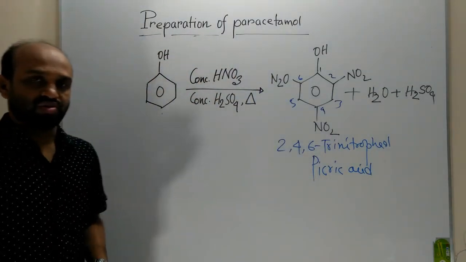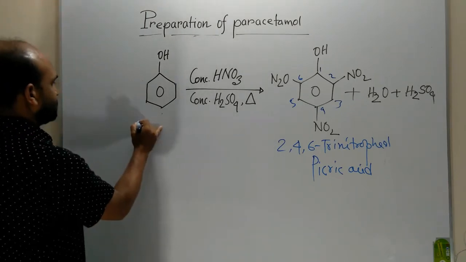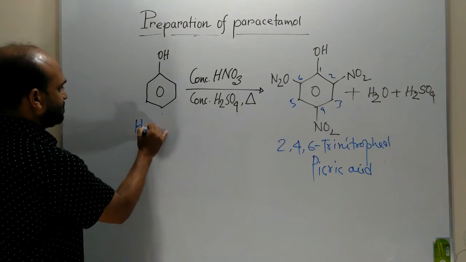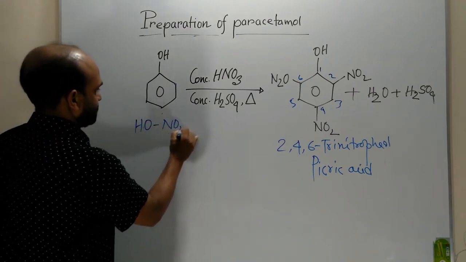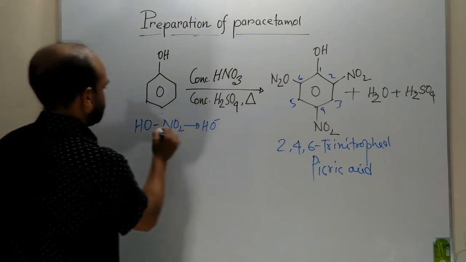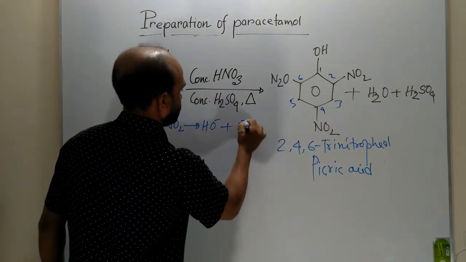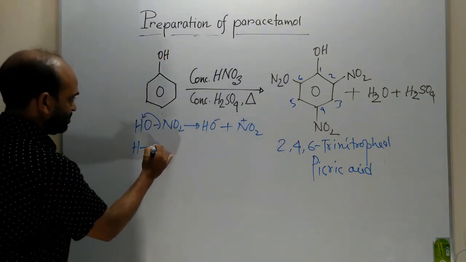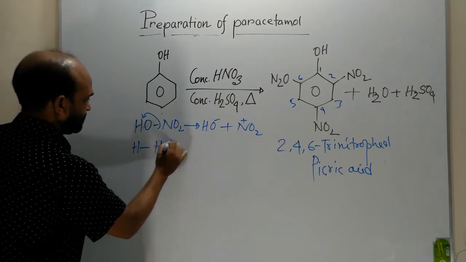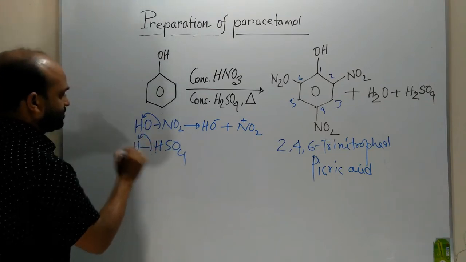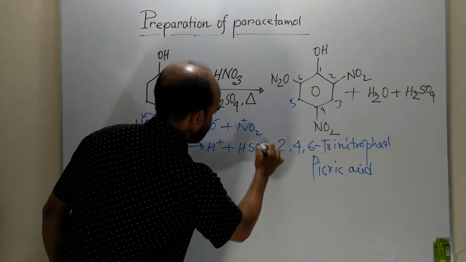Now we will try to know how this reaction is happening. Let's say concentrated nitric acid dissociates this way, and nitro group, and sulfuric acid dissociates in this way, that is proton plus bisulfate ion.